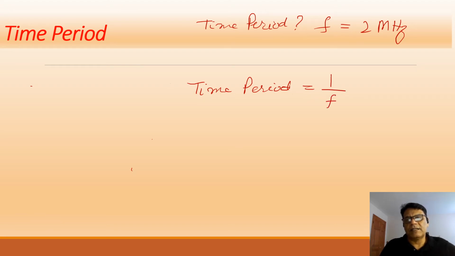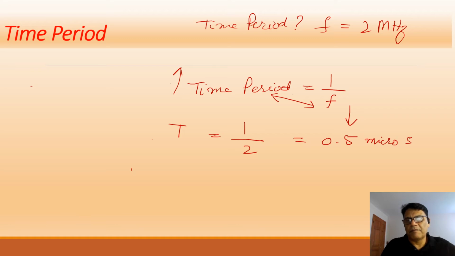It means they have an inverse relationship. Higher the time period, lower the frequency, and vice versa. So time period is equal to 1 over 2. And when you divide 1 over 2, the answer will be 0.5 microsecond.